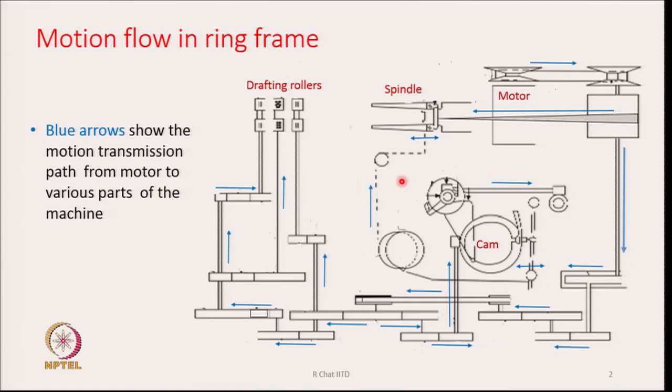So, the motion source is here, it is flowing in these directions, going to the drafting unit, also to the building motion where the cam is, and also driving the ring rail. This is how the motion is transmitted.